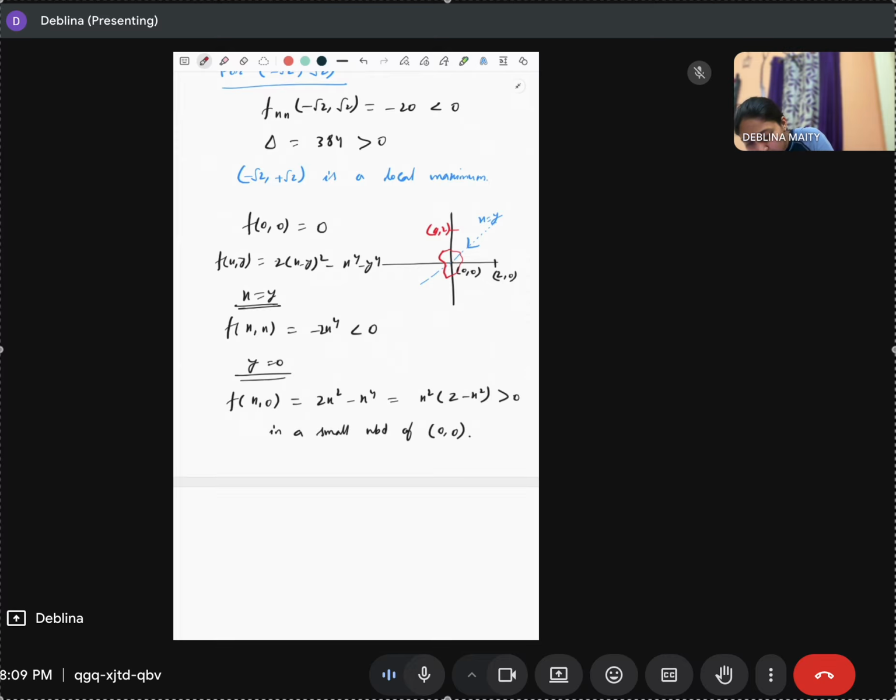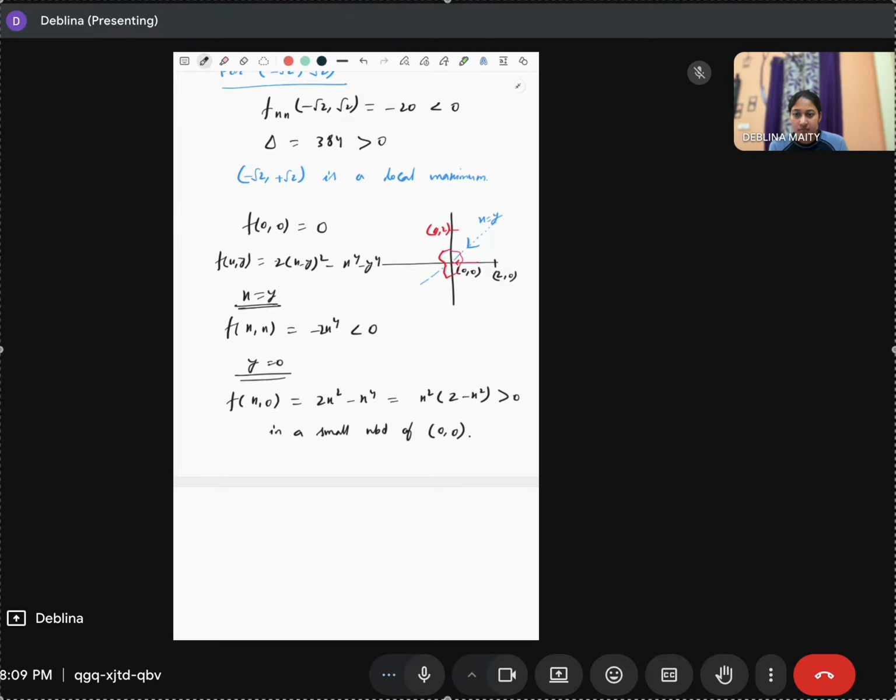So now we are approaching along this x axis, right? In each of these neighborhoods, these two lines are there, the x axis and x equals to y.